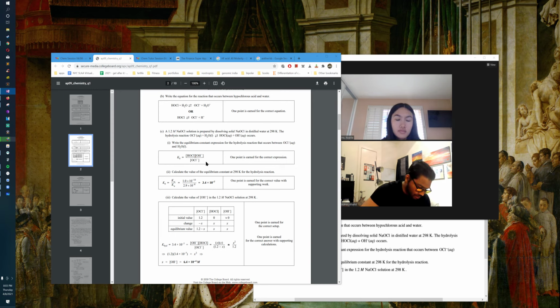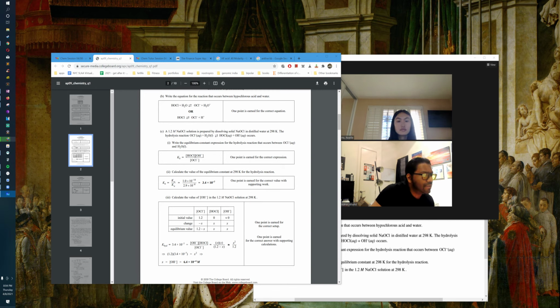Okay, so Kb is equal to Kw over Ka, where Kw is always 1 e negative 14, and they give us 2.9 e negative 8. Once you do the math, it's 3.4 e negative 7.